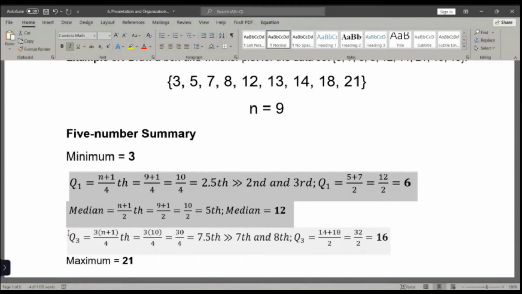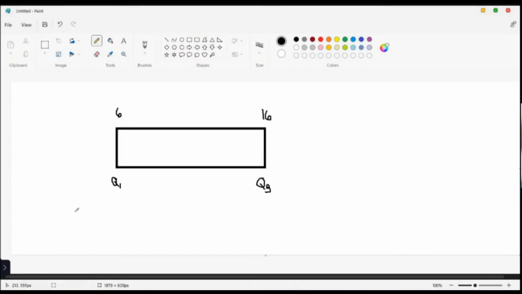Okay, closer si median kay third quartile. Meaning to say, we will draw the median somewhat closer to the third quartile. Kasi konti lang naman yung difference nila. So, somewhat closer lang. Let's say here. Ayan. This would be your median.